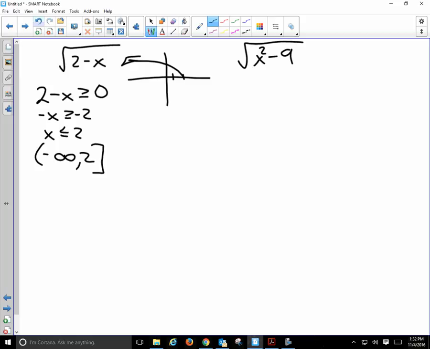So when you consider the next function, I take x squared minus 9 and set that greater than or equal to 0. This is a nonlinear inequality. What ways do I solve nonlinear inequalities? Make a graph.